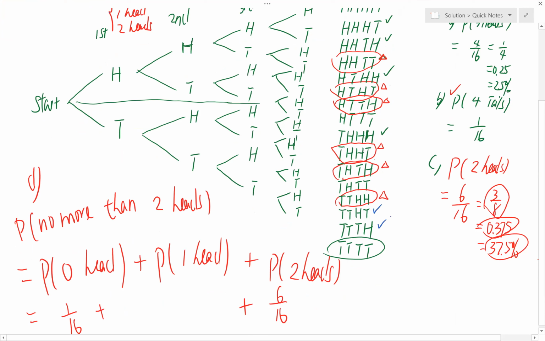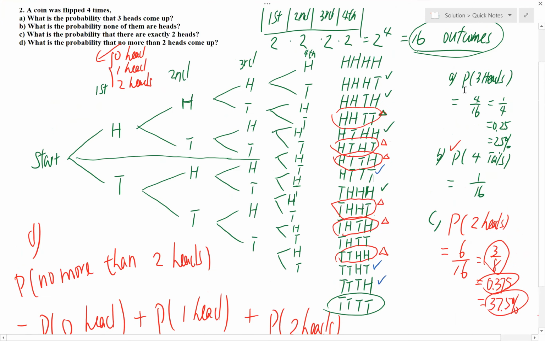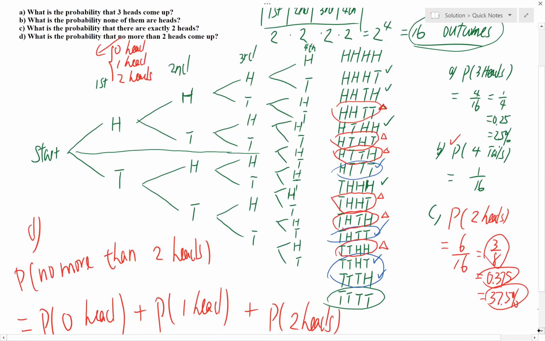This one has 1 hat. And what else? 1 hat right here. And then what else? Okay, this is 1 hat, right? So we have 4 of them satisfied. This one, and the one underneath it. So it's 4/16.